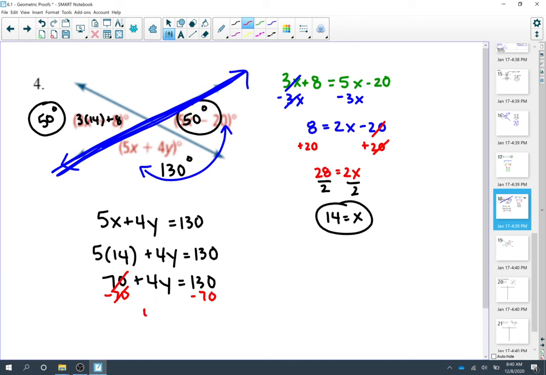So 4y equals 60. Then I'm going to divide by 4. And y equals 15. Okay, so now we know x is 14, y is 15, this is 50, this is 50, this is 130. So then this must also be 130 because they're vertical angles, and we have everything figured out.